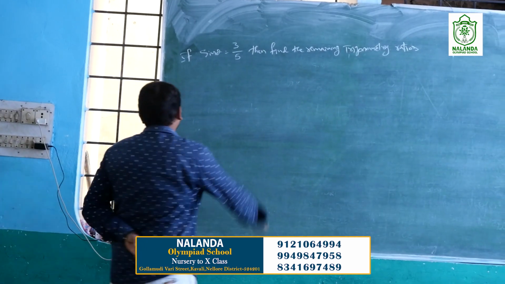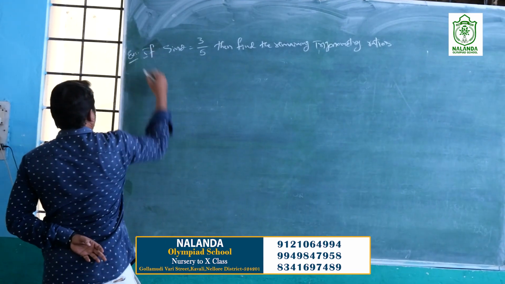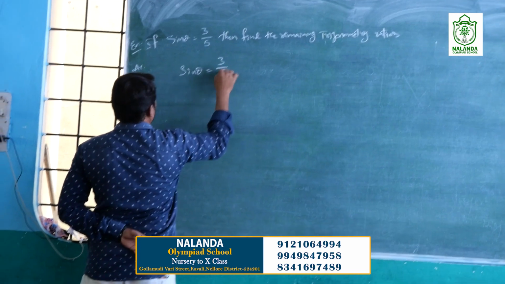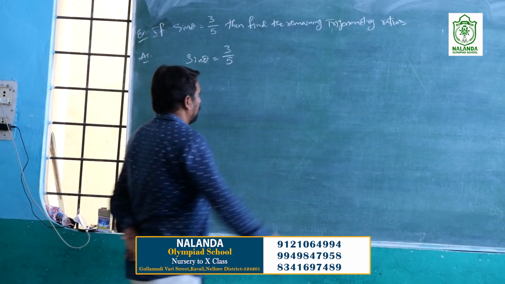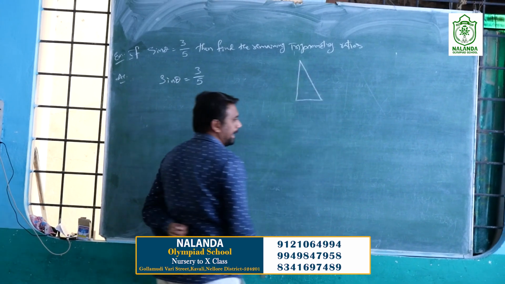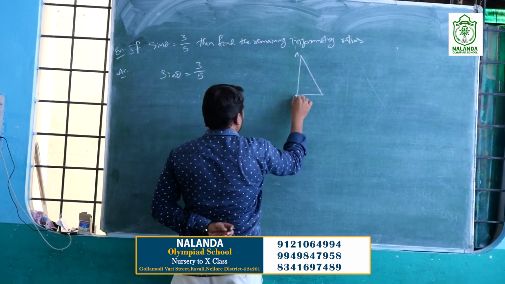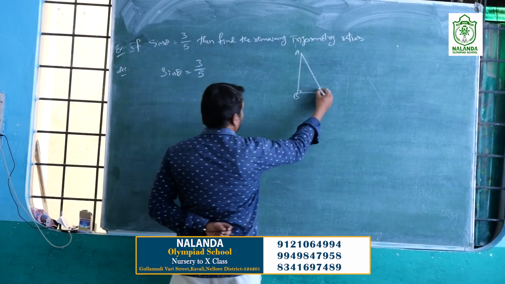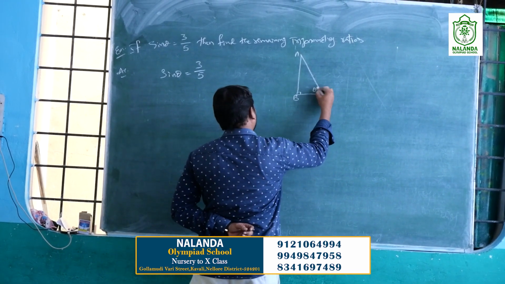Okay, so I want to take this one. Sin theta is equal to 3 by 5. For this one, I want to take a right angle triangle ABC, where at B we have the right angle, and at C I take the theta value.